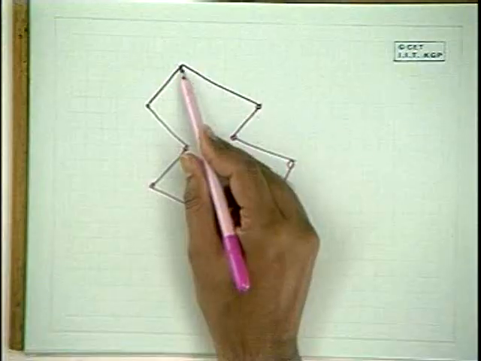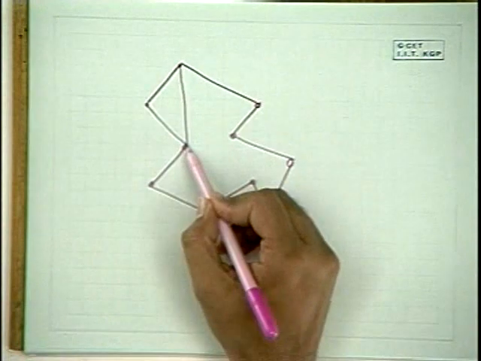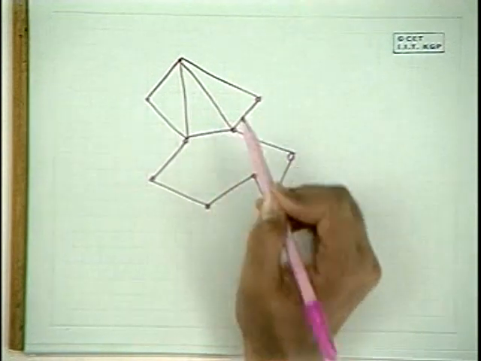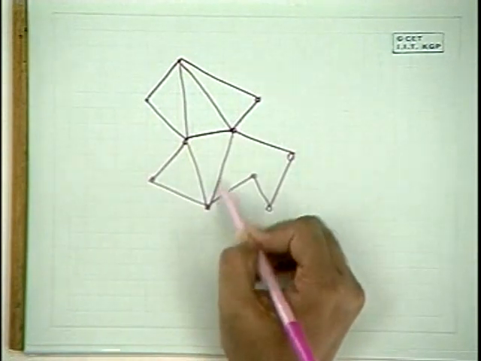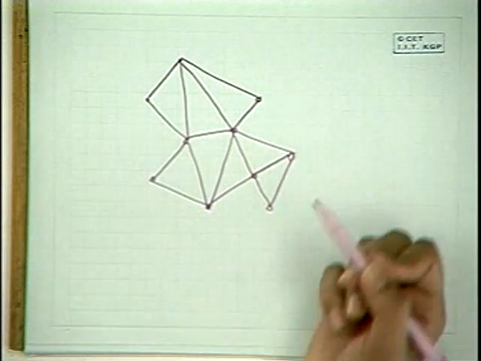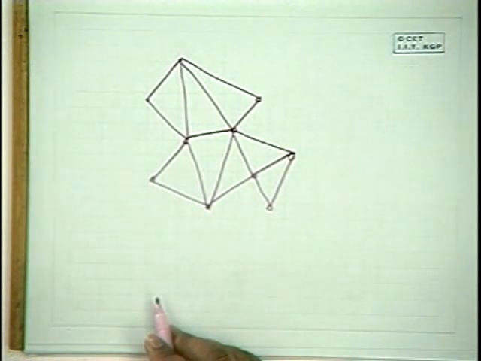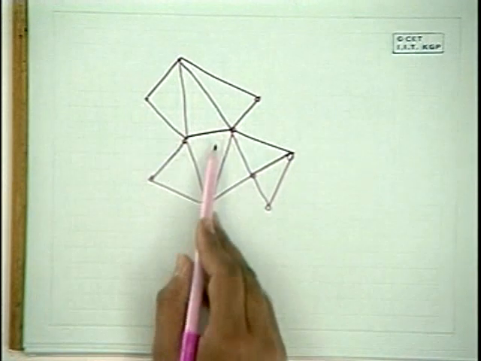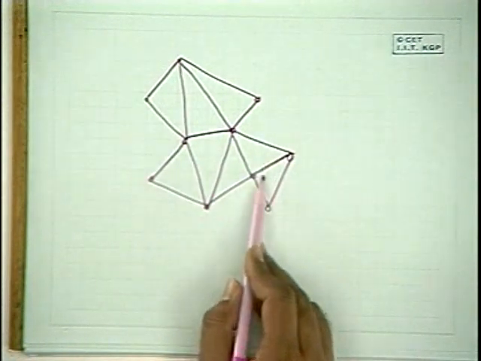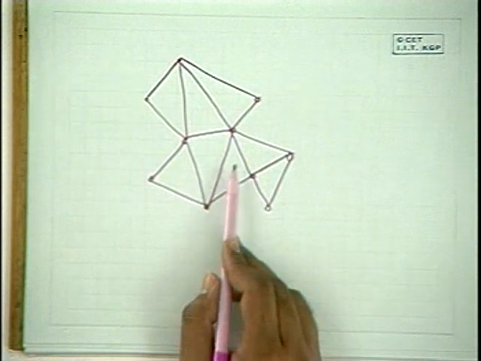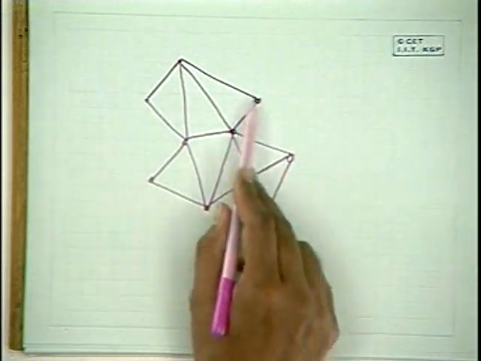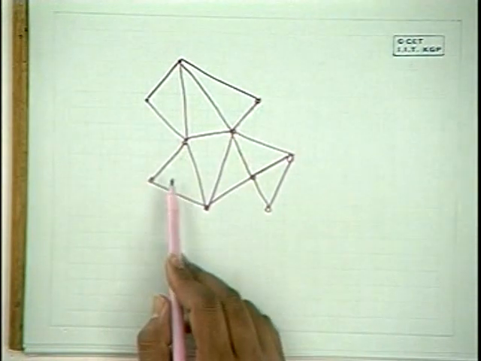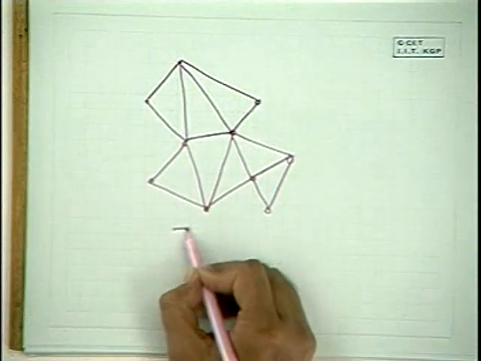You are not allowed to have extra vertices. So if we do this, I am just drawing one triangulation, you can see that. So this figure is one triangulation of this polygon. You can see that the interior of the polygon has been decomposed into triangles, and all the vertices of the triangles are coming from the vertices of the polygon. So this is the triangulation.